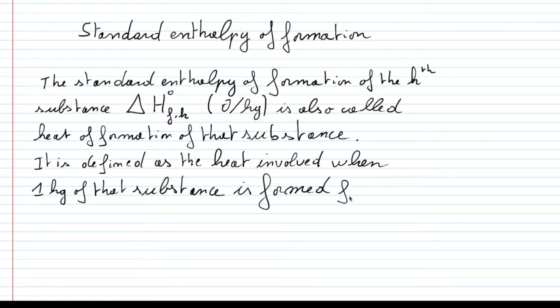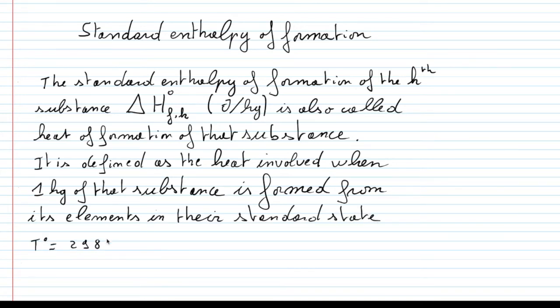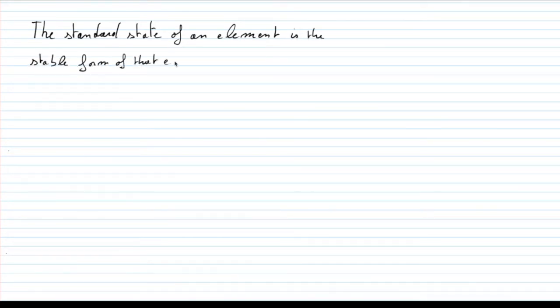Standard state means a temperature of 298.15 Kelvin and a pressure of 1 bar. For an element, it is also the stable form of that element at room temperature and 1 bar. What does that mean for combustion?